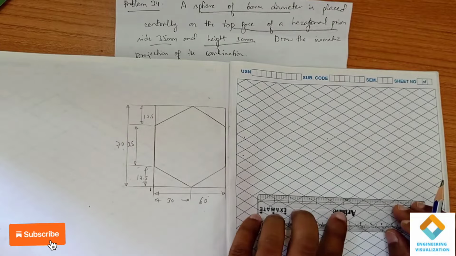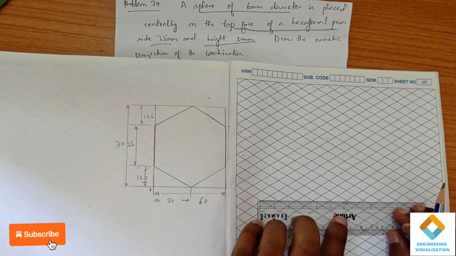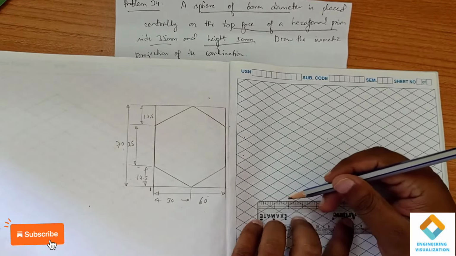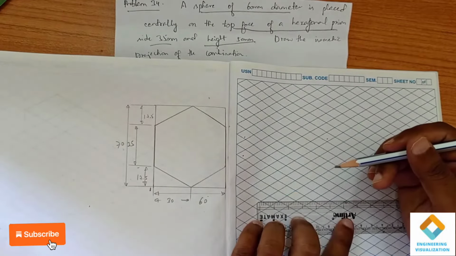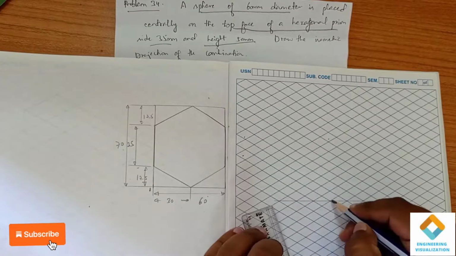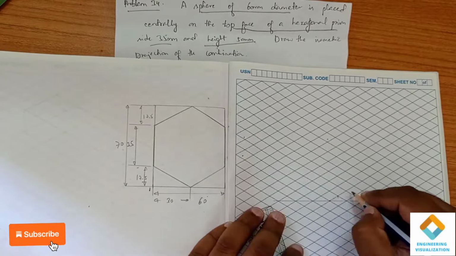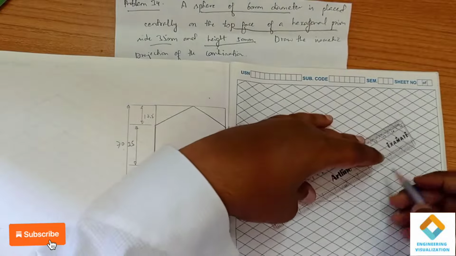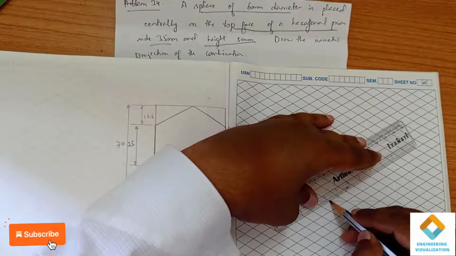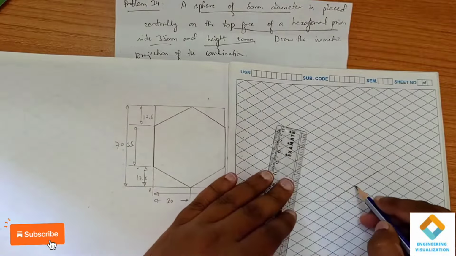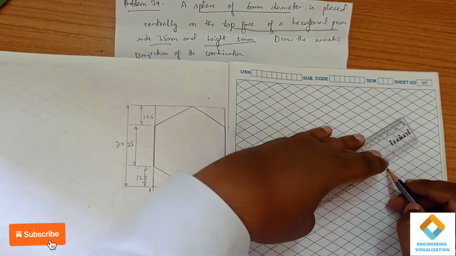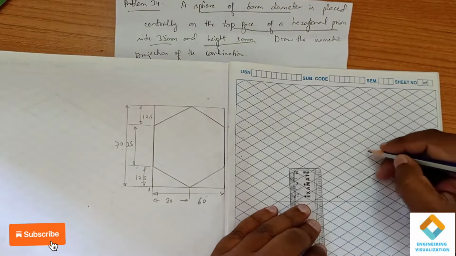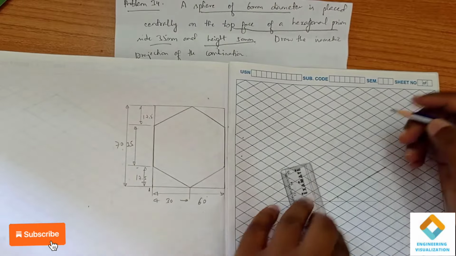Okay, so from this end 70 means 1, 2, 3, 4, 5, 6, 7. Here. And then 60, 1, 2, 3, 4, 5, 6.